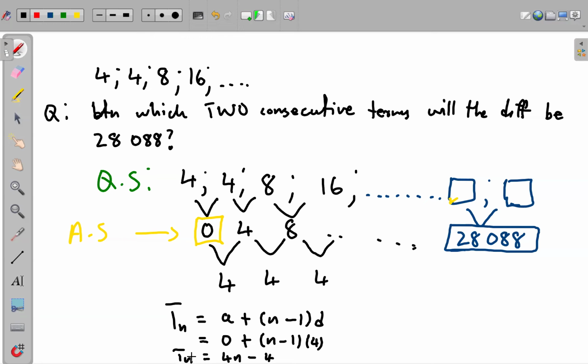So what this then means is that I can equate Tn to this. So in other words, I can equate 4n minus 4 to the 28,088. So that at least I know the position of this term. So that's what we're going to do. We're actually going to solve for n here.